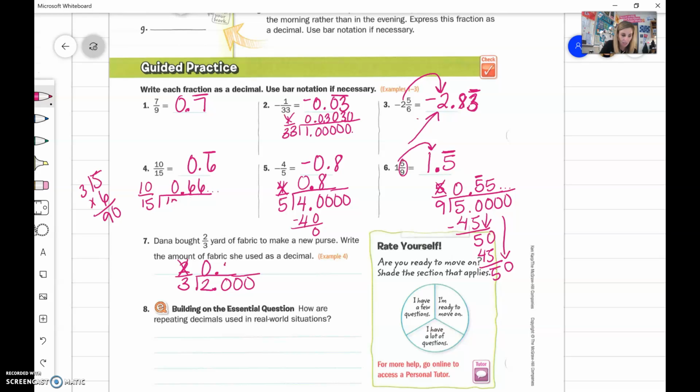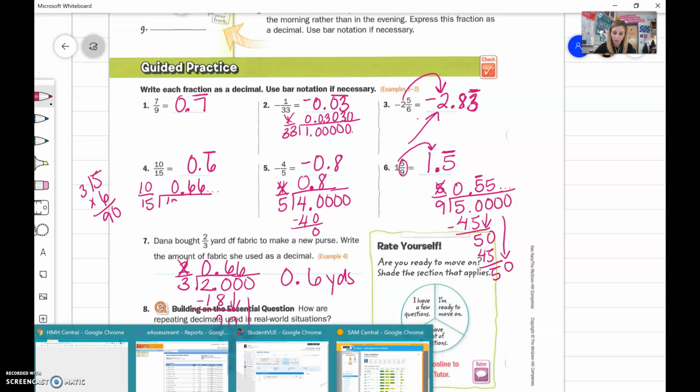Yes, I can make 6 groups, which is 18. 20 minus 18 is 2. I'm going to bring down that next 0. If I have 20, how many groups of 3 can I make? 6. So that gives me 18. I bring down. Notice it keeps repeating. Therefore, it is 0.6 with the bar notation over it.